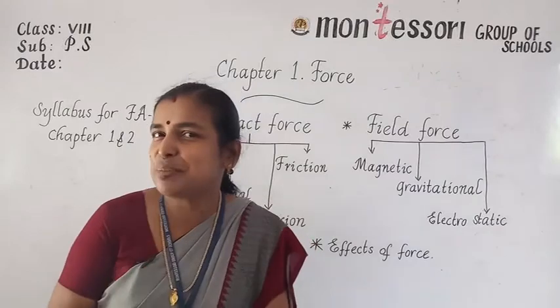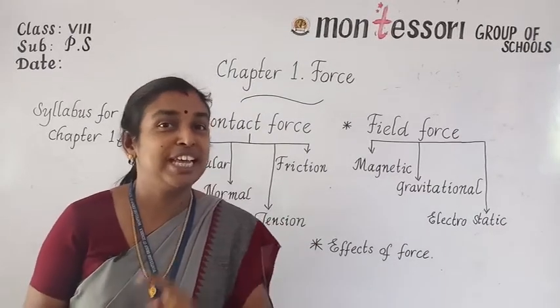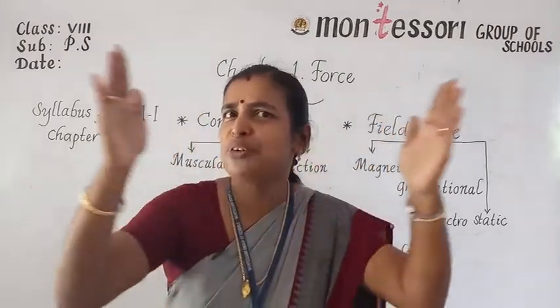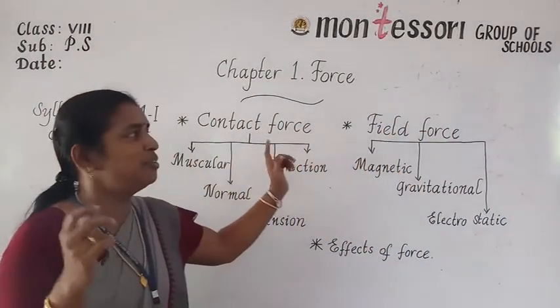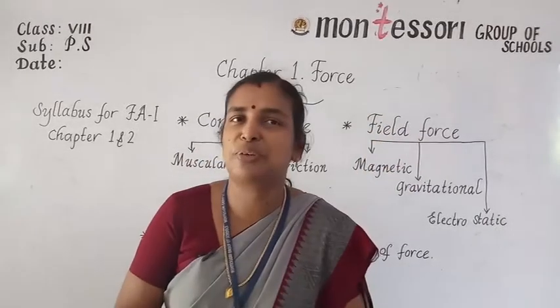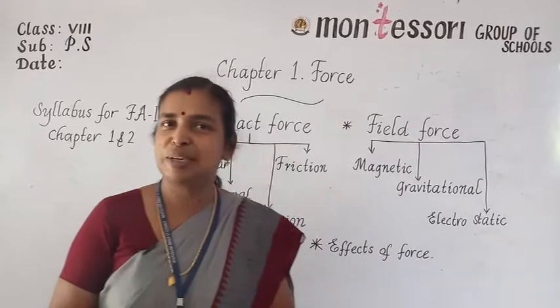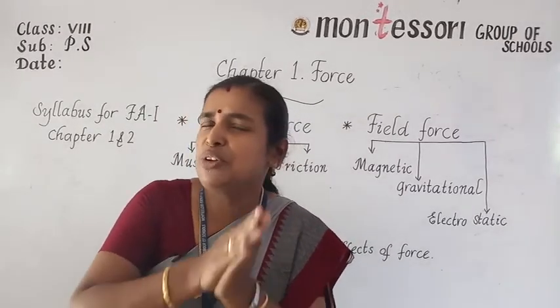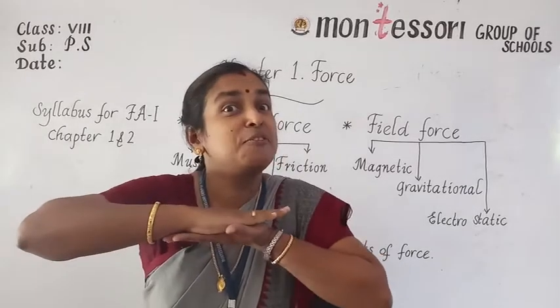Now let us discuss the types of force. There are two types of forces, contact force and force at a distance, otherwise we call it field force. First let us discuss contact force. Contact force is the force when you apply force and the objects are in physical contact.